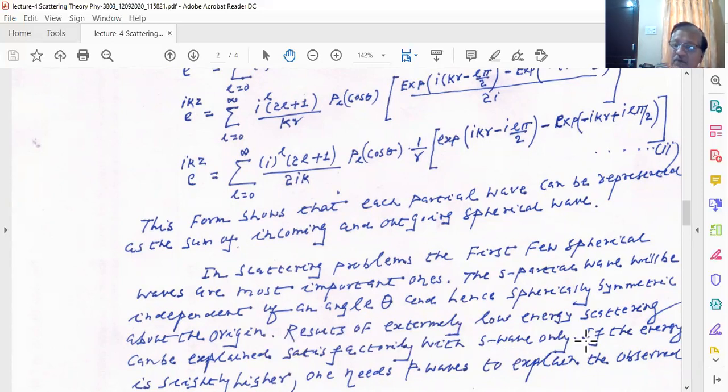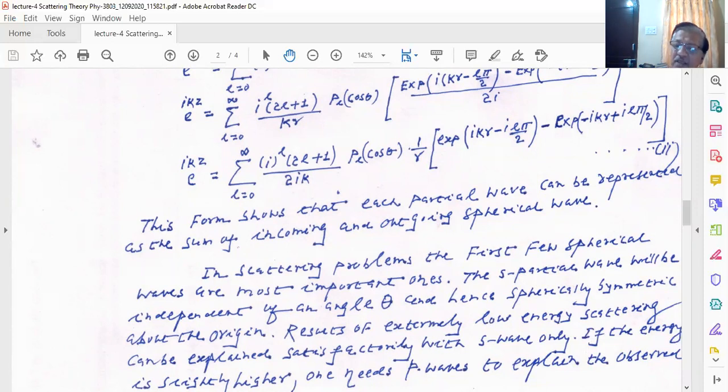If you have your incident particle which is moving along the z direction, and the energy of the incident particle is low, then studying the S wave scattering will give you a clear picture of low energy scattering.